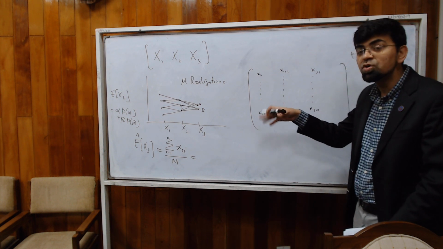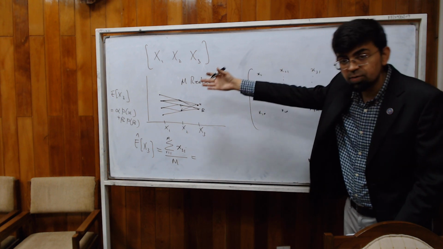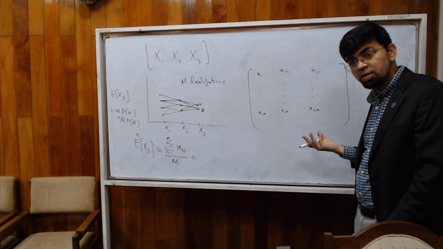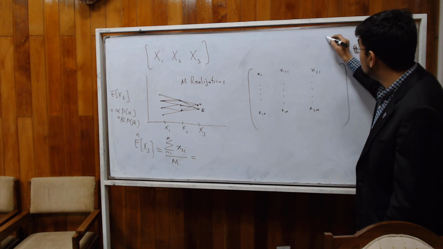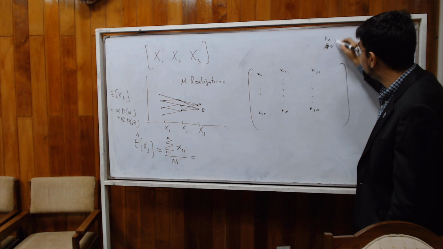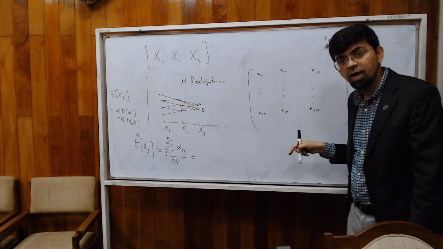That's what you observed. We're not saying that we knew it from the start. So let's say k alpha of them were alpha and k beta of them were beta, such that k alpha plus k beta is capital M.